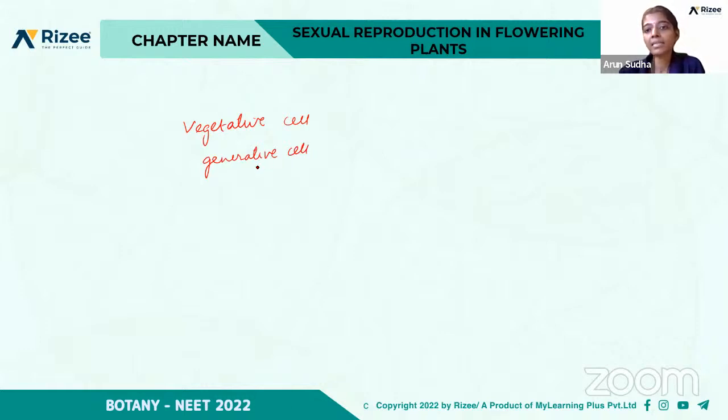And this generative cell again divides and forms the 2 male gametes. So it may be shed either in the 2-cell stage or in the 3-cell stage, right? The 3-cell stage means they will have 3 nuclei. Are you clear with this?